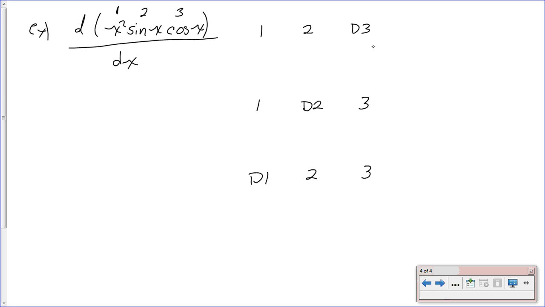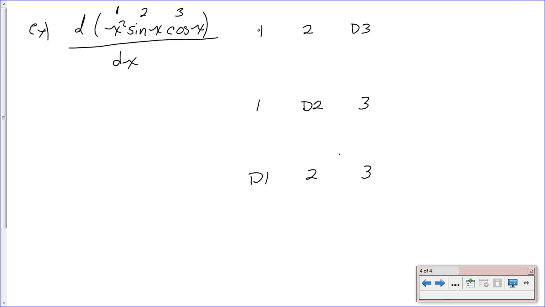If you look, your derivatives kind of go diagonally, starting with the last one, then diagonally back to the first one. If we had 4, it would be 1, 2, 3, d4, 1, 2, d3, 4, and so on.